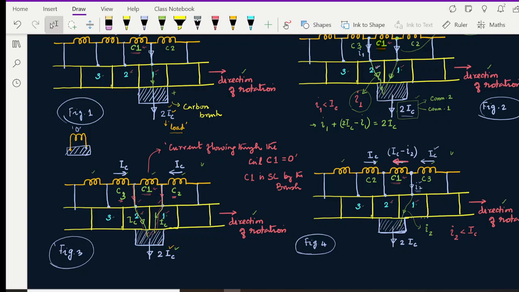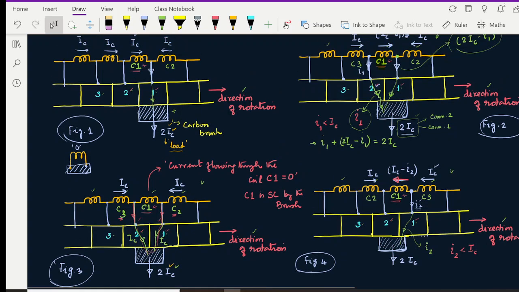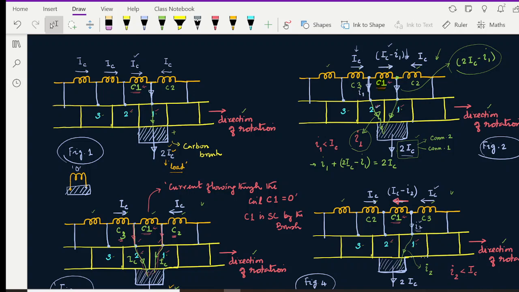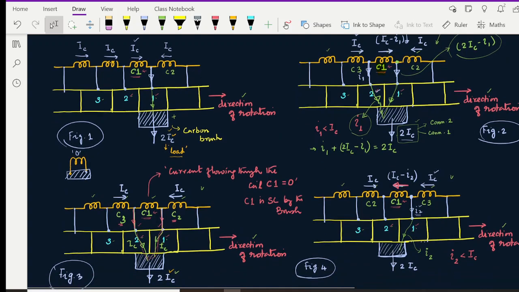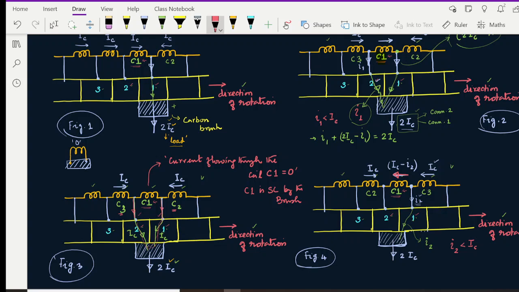If you compare the current direction in figures 1 and 2 with figure 4, the current direction in coil number 1 is reversed. Current direction in coil 1 is right now reversed. So what is happening in figure 1? The current direction in coil 1 is left to right with the IC value.